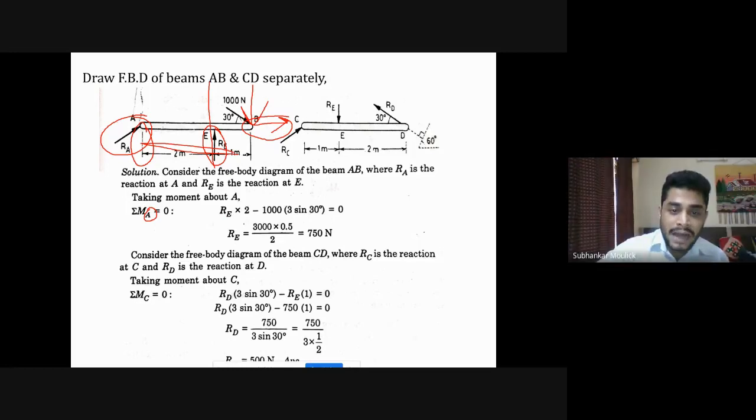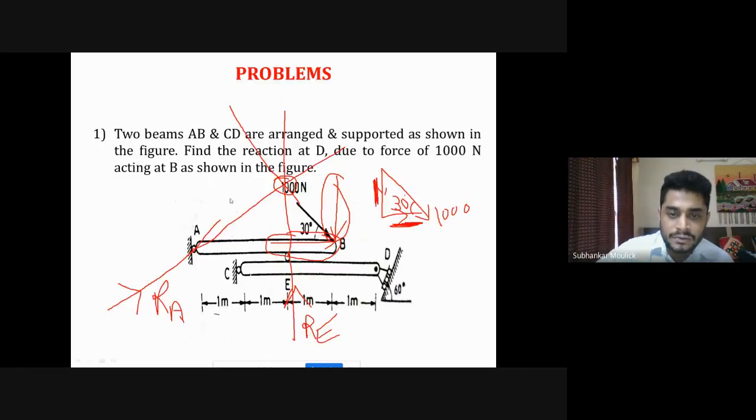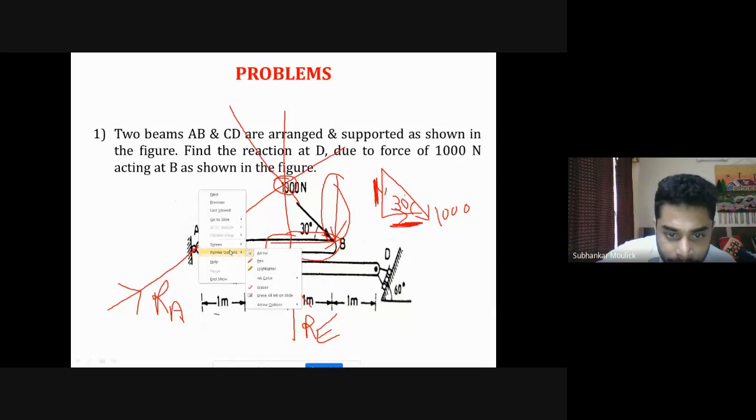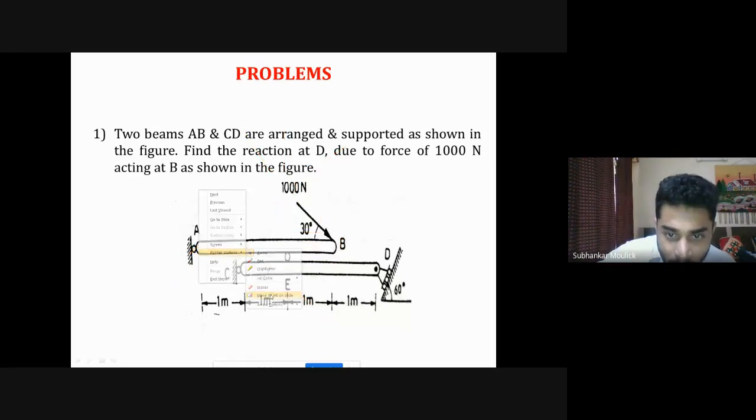So it will be RE into 2, which is an anti-clockwise moment. I have taken it positive, and this 1000 sin 30 into 3 is a clockwise moment, so negative: RE into 2 minus 1000 into 3 sin 30 equal to 0. With this equation, you get the value of RE, that is 750 Newton. Once you get the value of RE, next you draw the free body diagram of this beam CD.